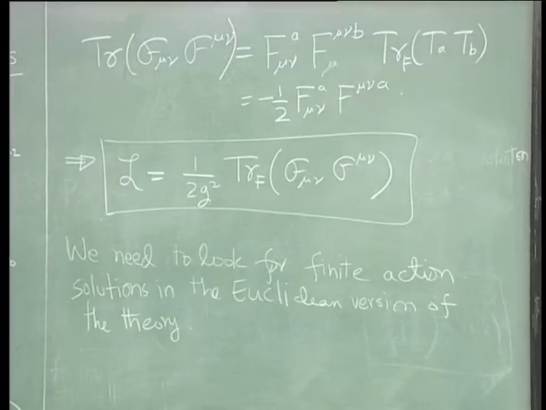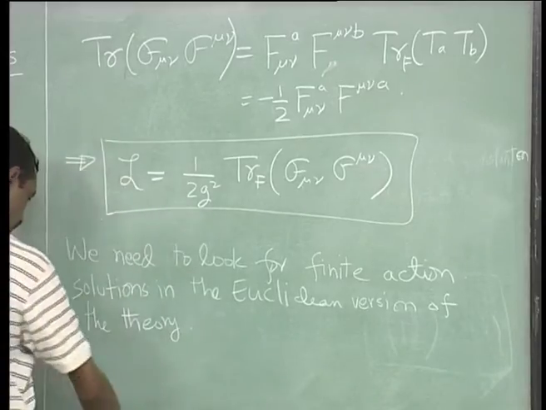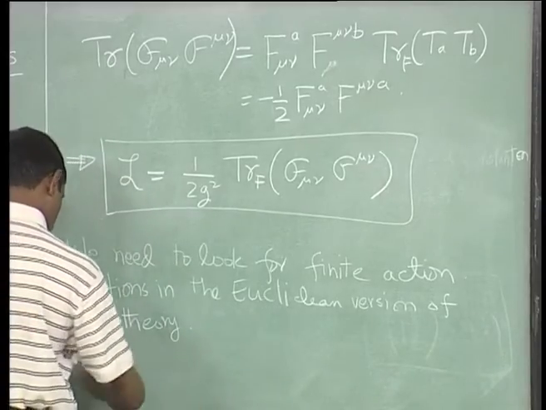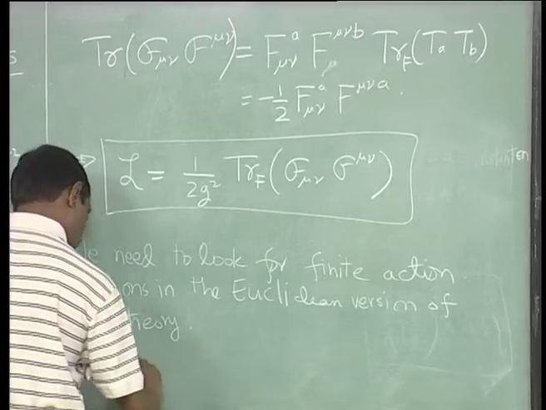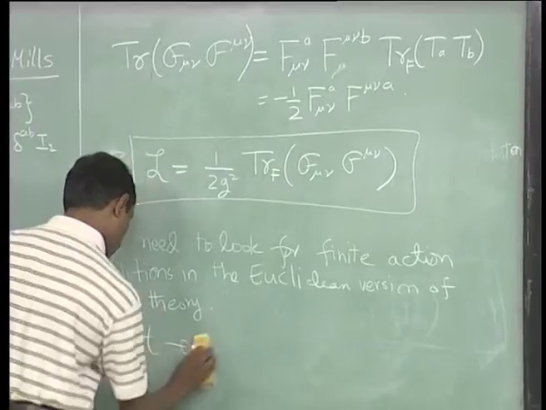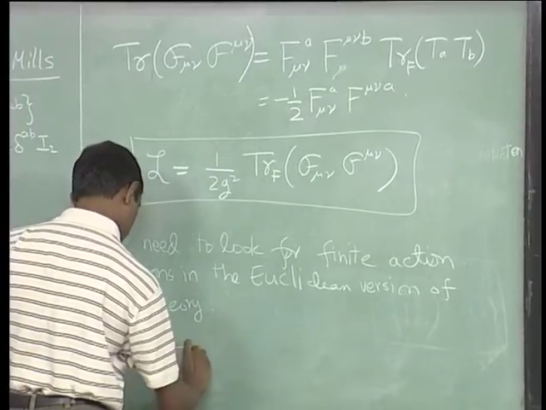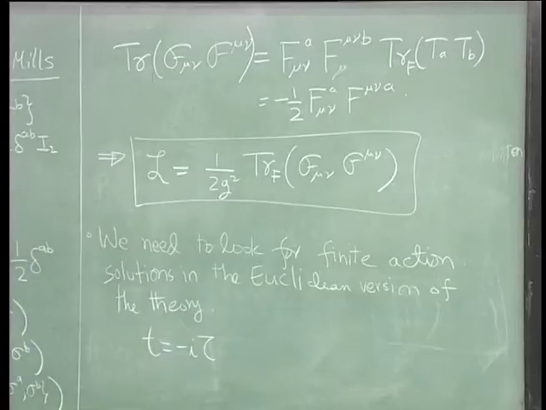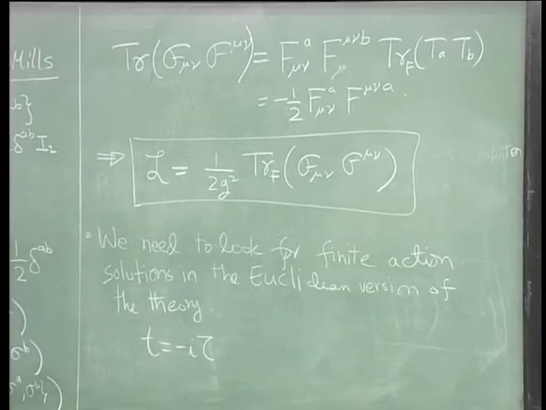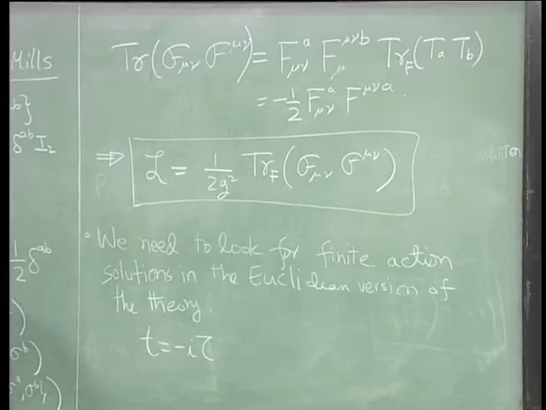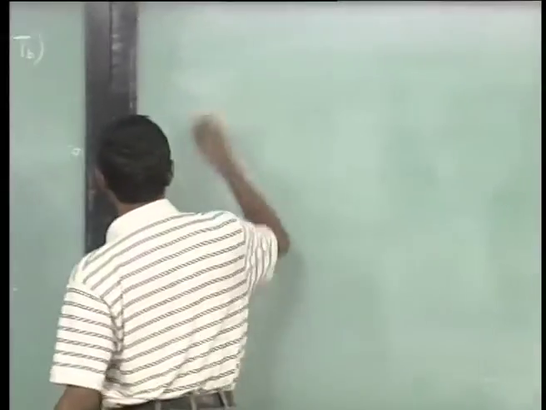So we need to do the same thing which we did before. The first step is to take t goes to minus i tau. For simplicity, I am going to do it for the abelian case, and then the non-abelian case will just work out in some sense. So let us just consider abelian.